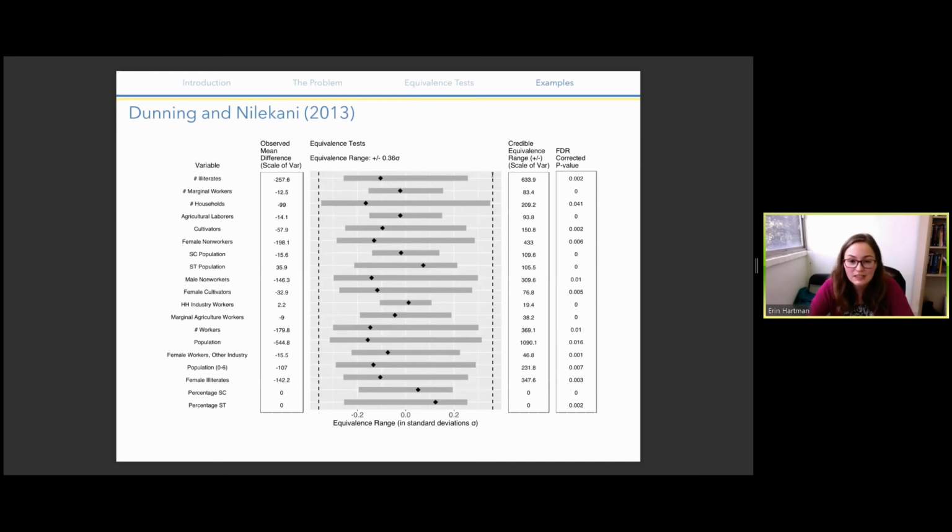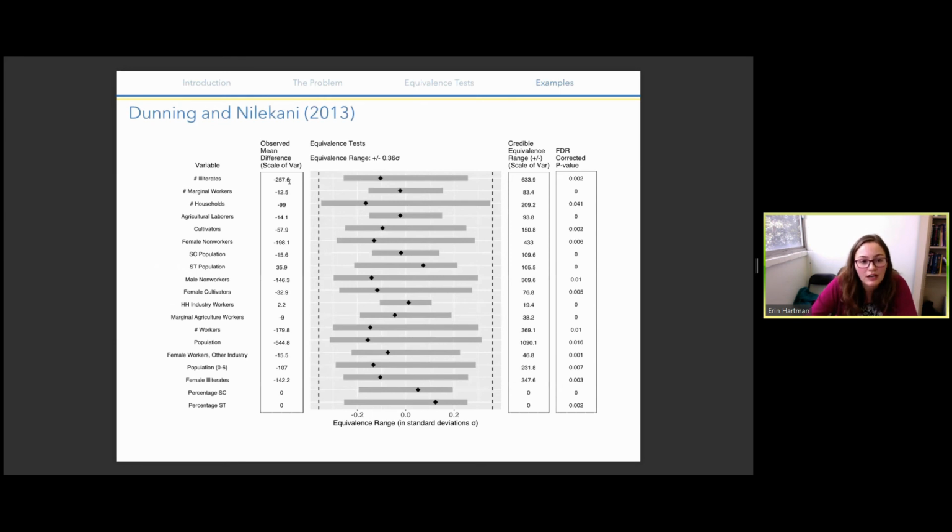The smallest standardized effect size was 0.43. So this is a more strict criterion than the sensitivity test would have been. What's presented in black is the actual difference, and gray is the credible equivalence range, that minimal data-supported range. We've converted it back to the scale of the variable. This is in the standardized differences. The scale of the variable is presented over here.